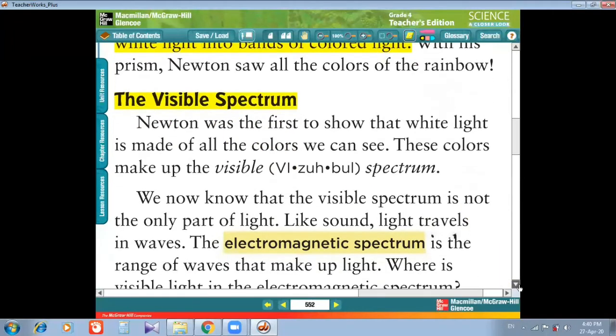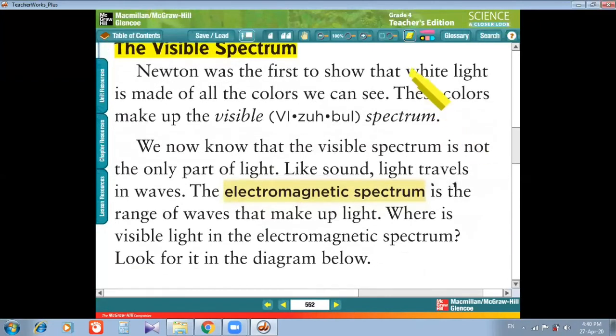Newton was the first to show that white light is made of all the colors we can see. White light is a mixture of all those colors. These colors make up the visible spectrum.